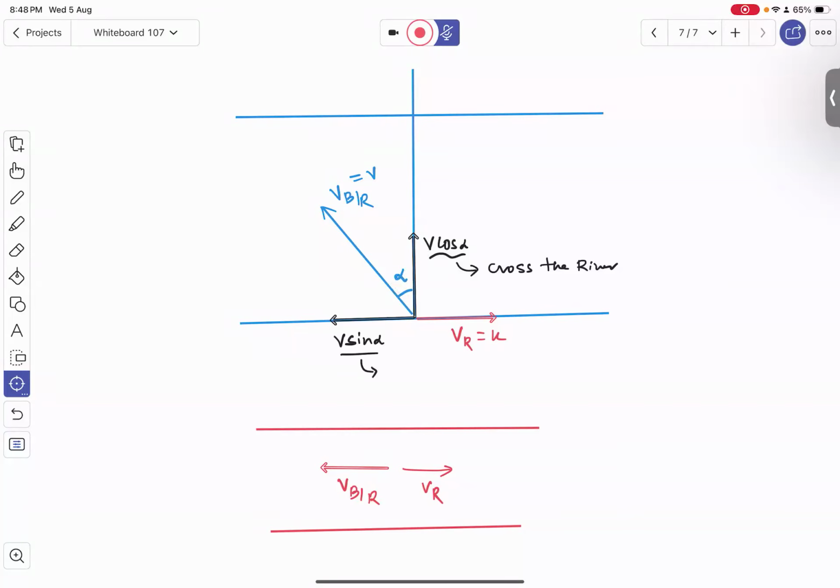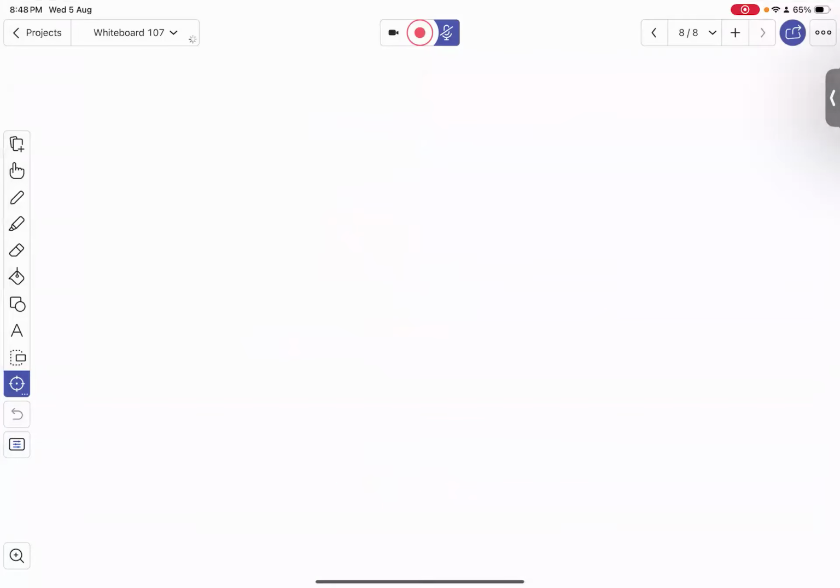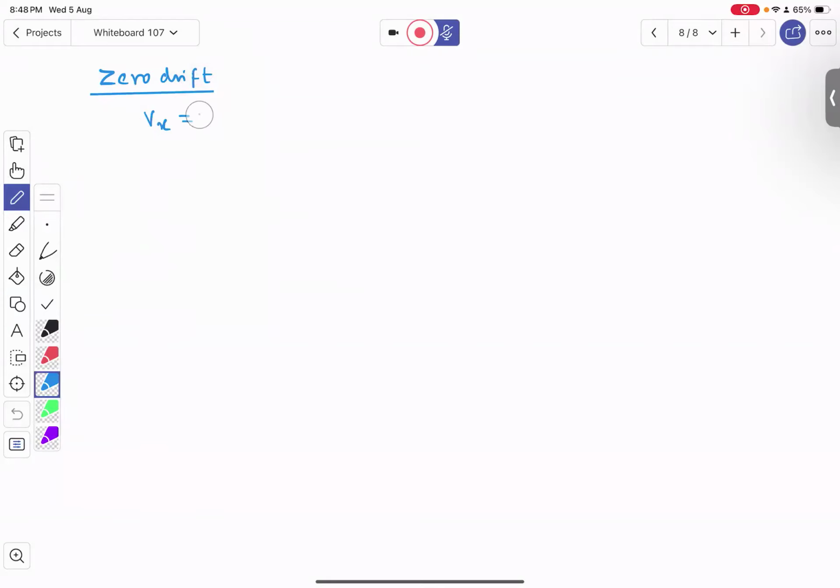Okay, then. The next case is the case of zero drift. Zero drift means when we want to cross the river without traveling anything along the river flow. So for zero drift, velocity along x should be 0. Velocity along x, how much did we get it as? U minus V sine alpha.